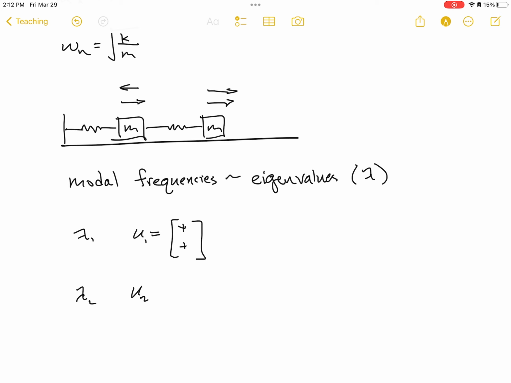U2, like this U1, they're vectors. And that's going to be a vector where one of the values is positive and the other one is negative, or they have opposite signs. And that means that those masses are going to be moving in different directions, or in exact opposite directions.